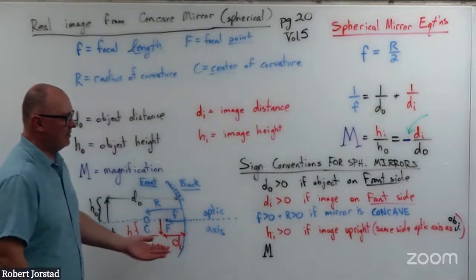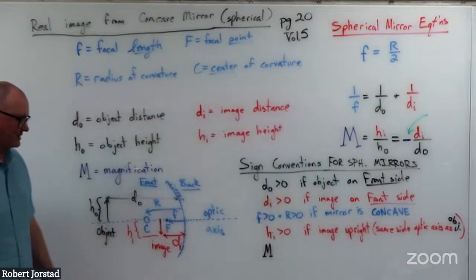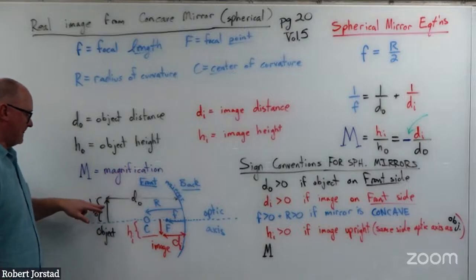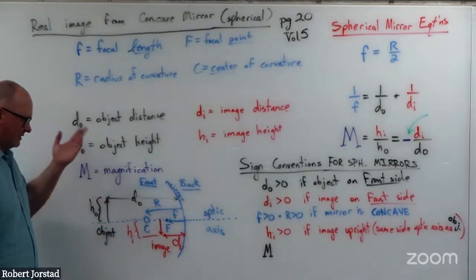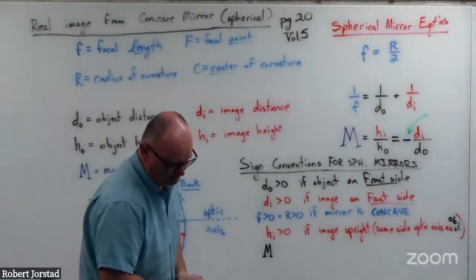So this is a more general way to say it than what's up top and what's down low. That said, if you have a single object, the heights above the axis are positive and the heights below the axis are negative.